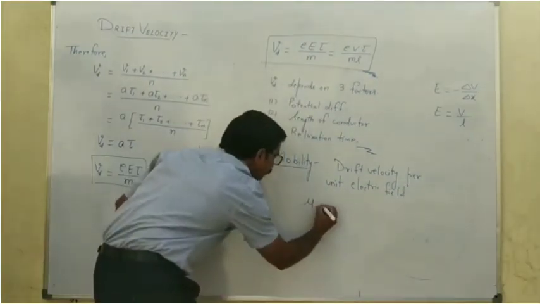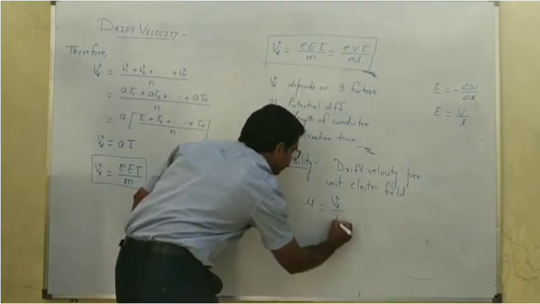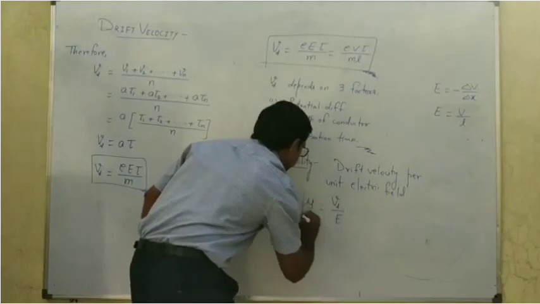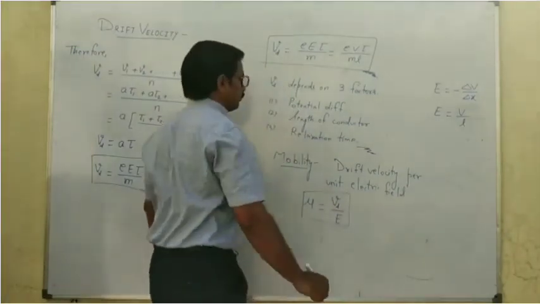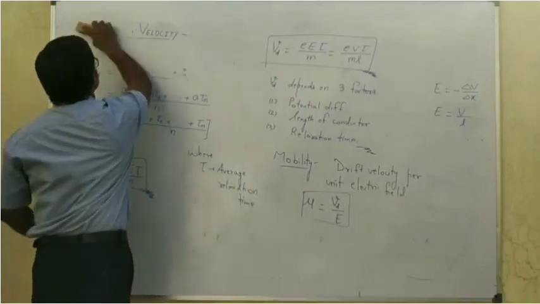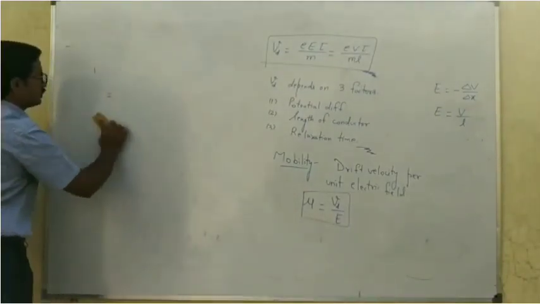The symbol of mobility is mu, equal to drift velocity Vd divided by E. We can simplify this formula.